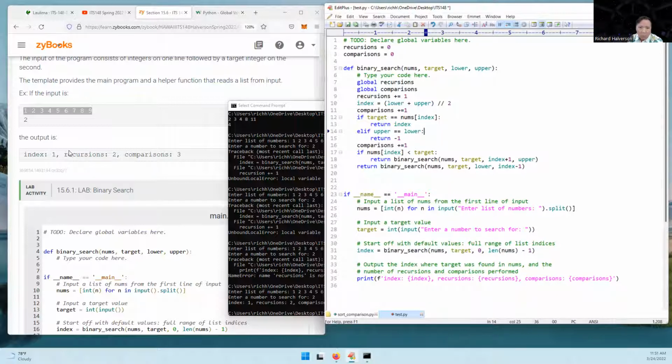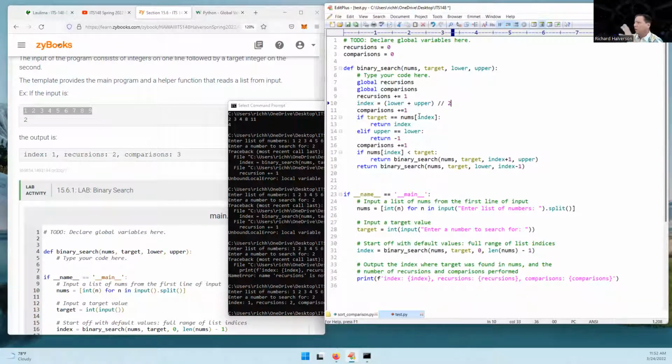Oh, it says this does not count as a comparison because we aren't comparing a list element. And we're only talking about comparisons of list elements. This is comparing the indexes, the upper and lower bounds. Yeah, you could actually do that in here. You could do it at the very beginning and reject it and return -1.